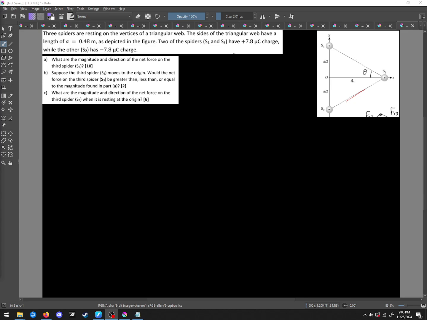Let's see, it's chapter 21. I don't think it says what the law is, but it's the KQR. Yes, K Q1 Q2 over R.